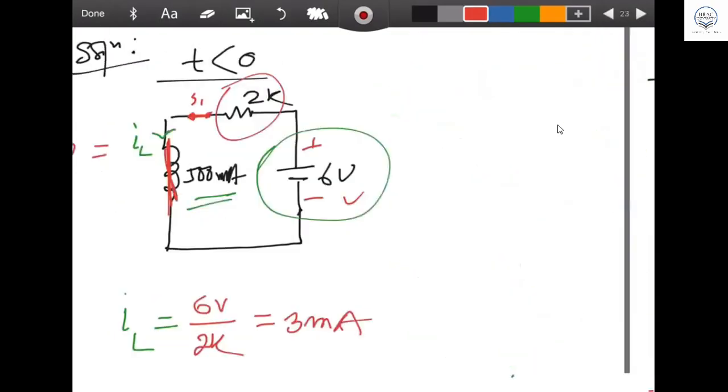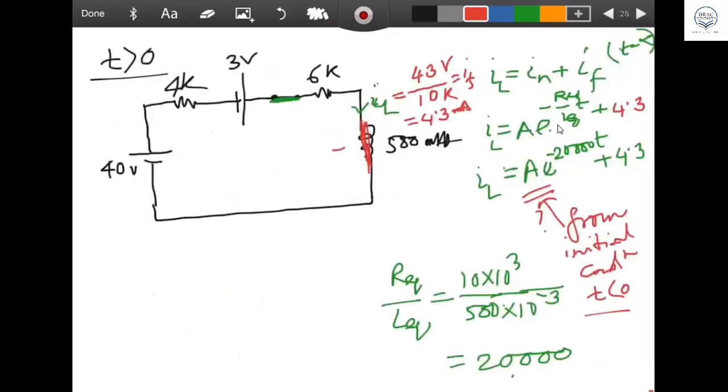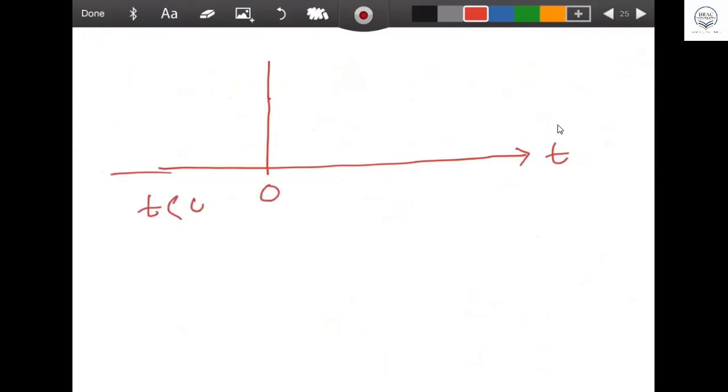Okay, I'm going to show you on the next page. This is T equal to 0, with T less than 0 and T more than 0. There are two actions.